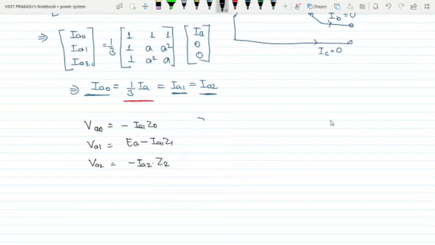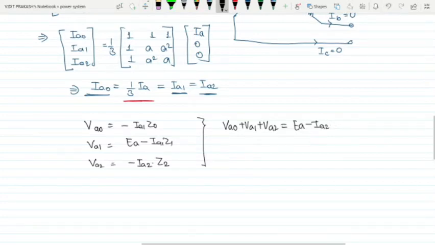So VA0 plus VA1 plus VA2 will be equal to EA minus IA1 Z1 minus IA0 Z0 minus IA2 Z2, right?